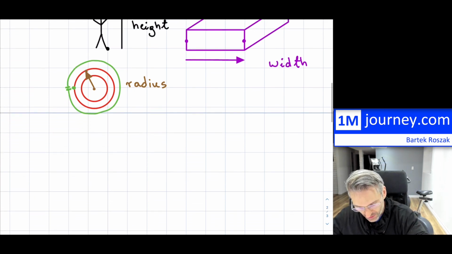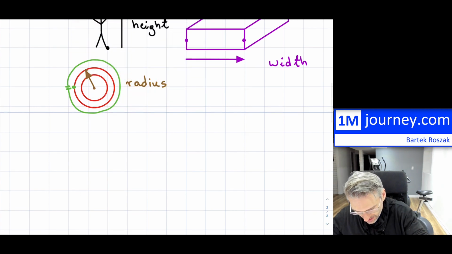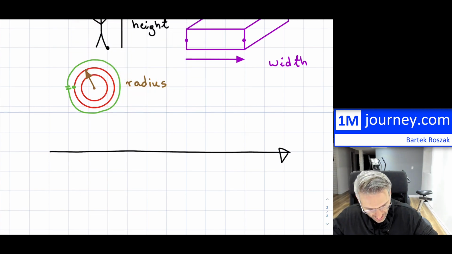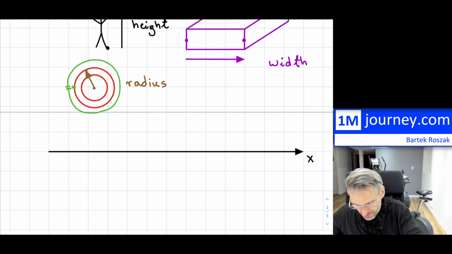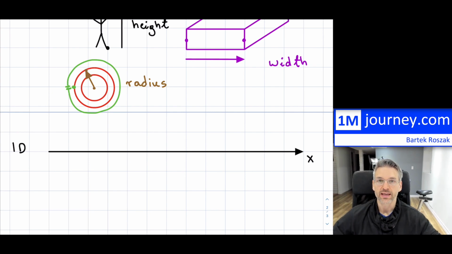So if you think back to one dimension, this would be the old school line, your number line. This would have been a one-dimensional number line that you're carrying through, and you can certainly graph things in here.